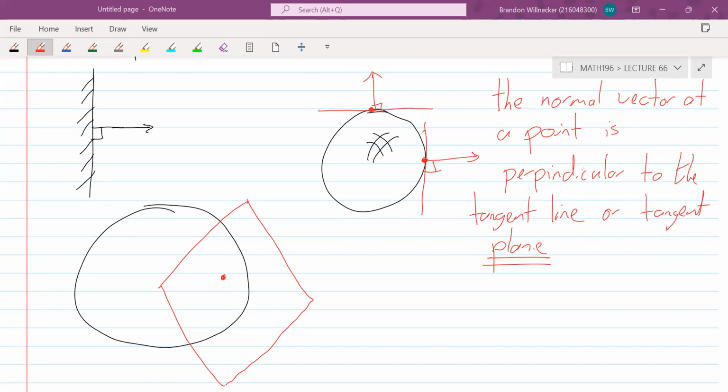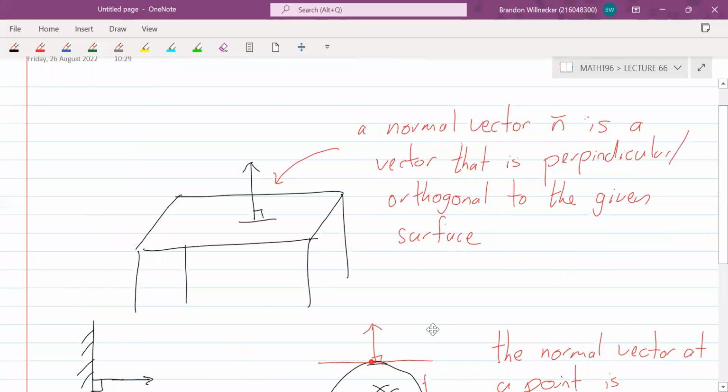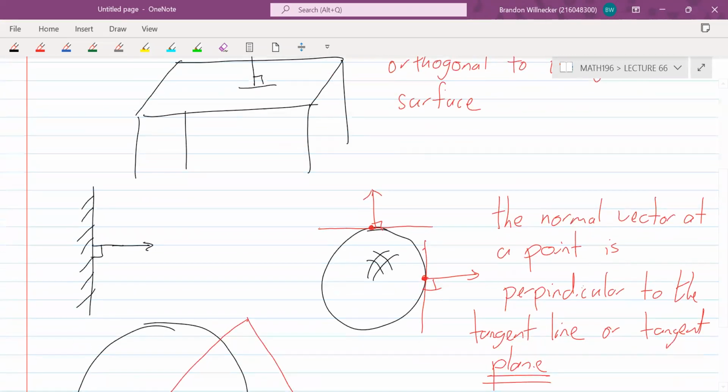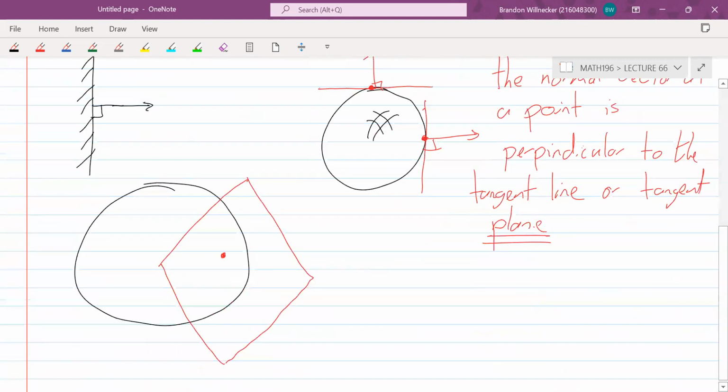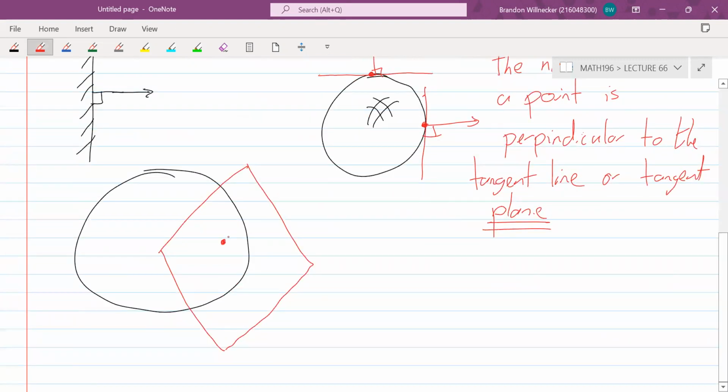So the normal would be perpendicular to the surface, like we had with it being perpendicular to the table, perpendicular to the wall, same sort of thing. It's going to be sticking out, a bit difficult to draw, but like that, and it is perpendicular to this tangent plane. This 2D surface here, we call that the plane.